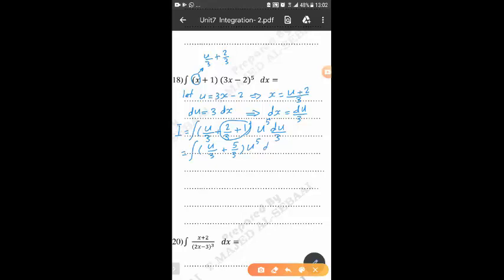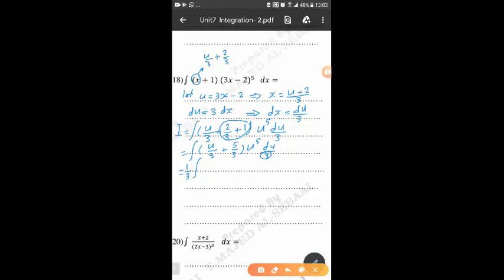u to the power of 5 du. I will leave the 3 here for now. Keep in mind that this 3 can be taken out of the integration because it's a constant number.